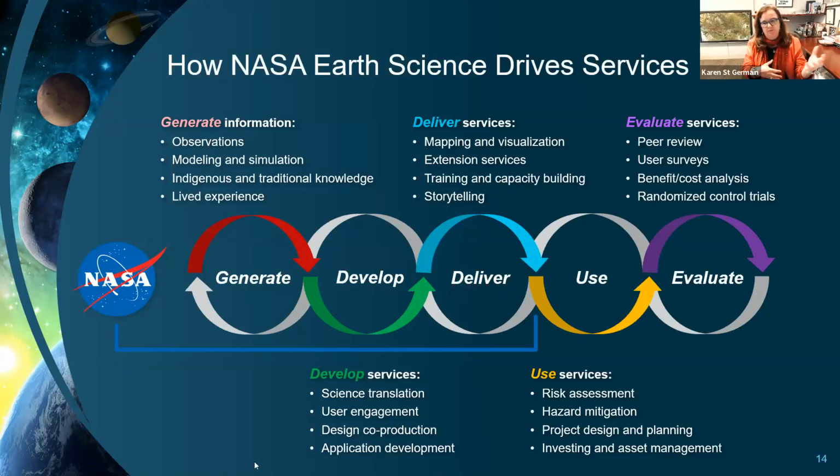And those could be in the form of mapping, visualizations, extension services through universities, a wide variety of things. Users make use of those services, evaluation then comes back and feeds the whole process. NASA's focus is sort of on the left side of this value chain, and we often execute the right side of the value chain with and through partners.